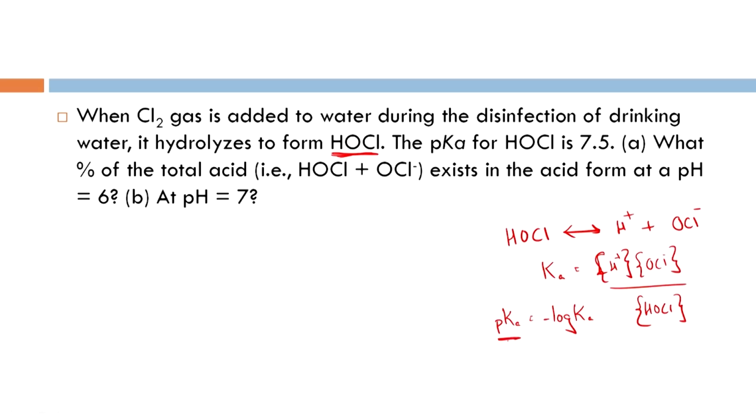This is how you get an idea about whether it is a strong acid or weak acid, and so forth. Anyway, the pKa is 7.5 now.